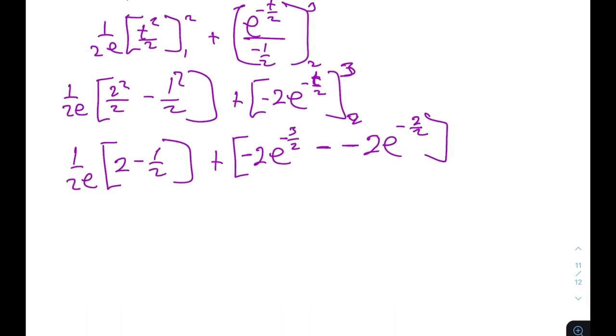So on this side you have 2 minus half, that's 1.5 or 3 over 2.